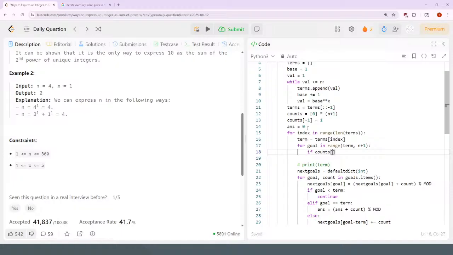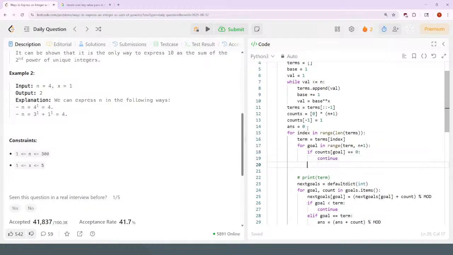If the counts of this goal is 0, then skip it. Otherwise, counts of goal minus term plus equals counts goal minus term plus the counts at this spot.